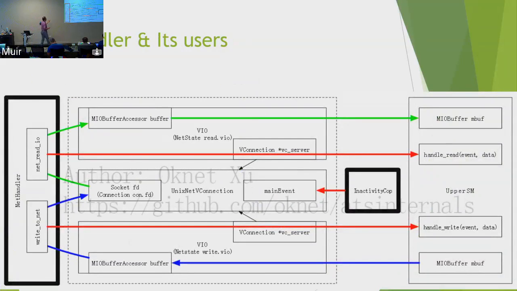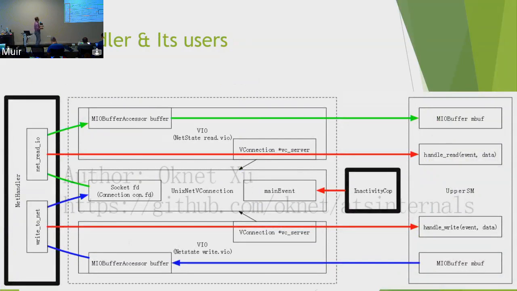So the socket is read by the net read IO function and written to the MIO buffer, accessed through the MIO buffer access pointer. The MIO buffer is allocated by the upper SM, and the upper SM is the owner of the MIO buffer.